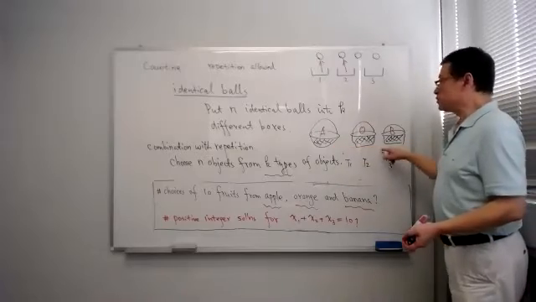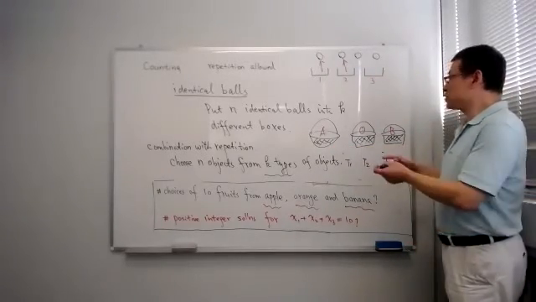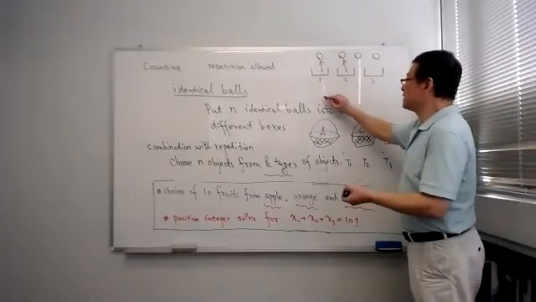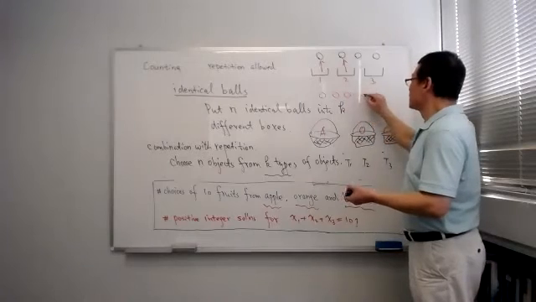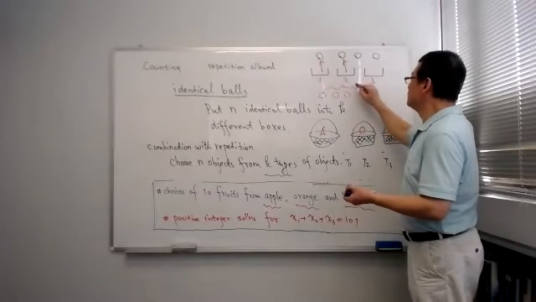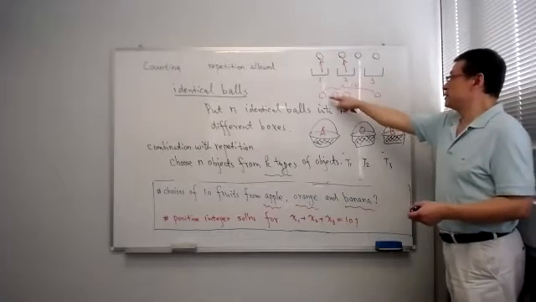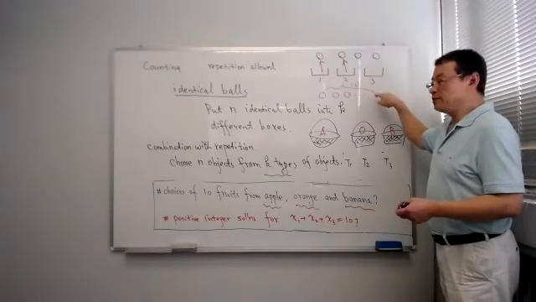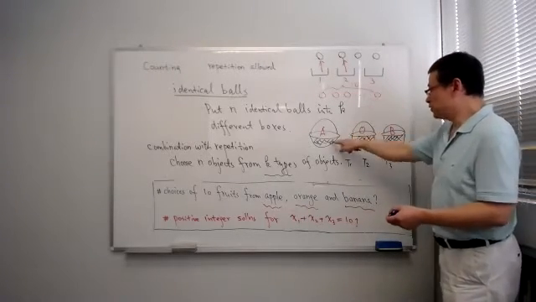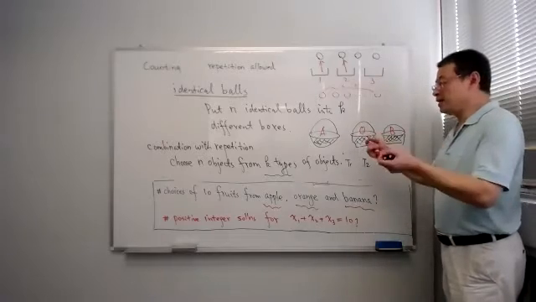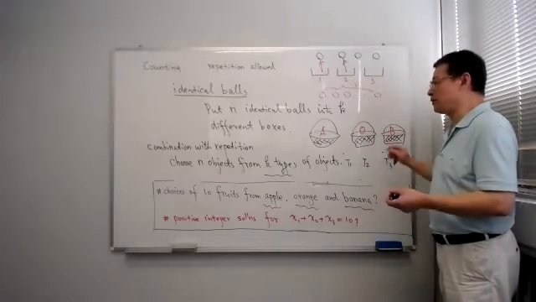So these 3 types will be boxes. I choose 10 balls from these 3 boxes, or I choose 10 pieces of fruit from these 3 baskets.